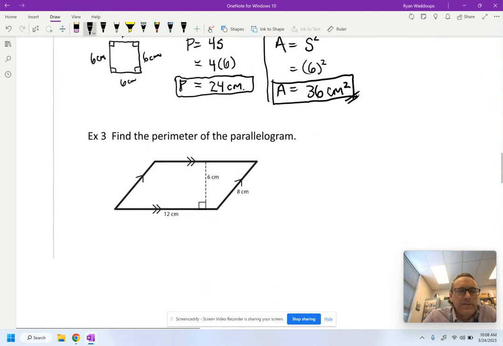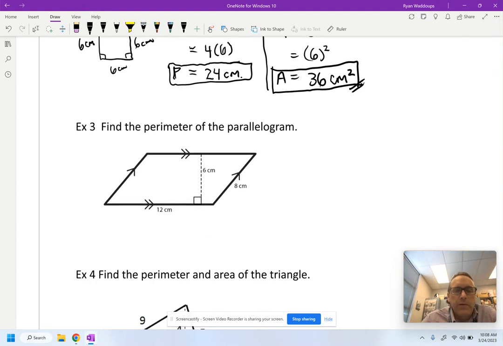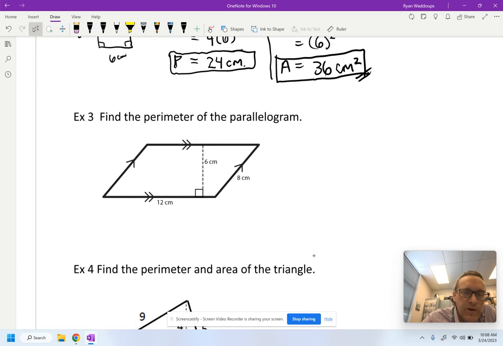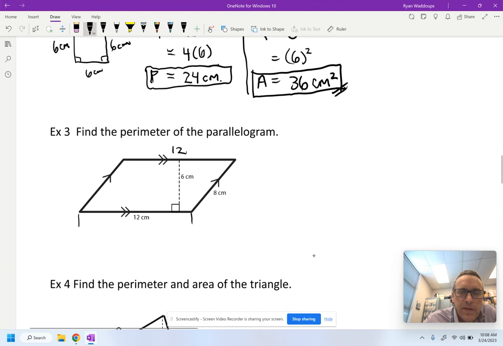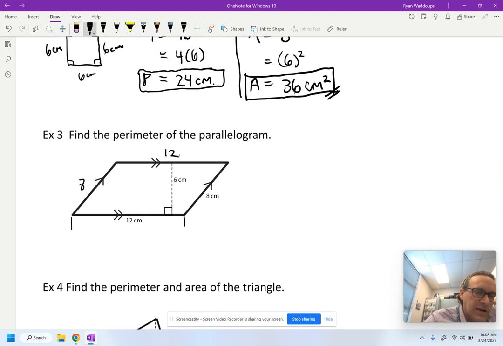All right, moving right along. Example 3, find the perimeter of the parallelogram. Okay, so if we know that this side is 12 from here to here, that means this up here is 12. And if this is 8, then this is 8. And if we're just looking for the perimeter, as we talked about above, it is 2 times the width plus 2 times the length, or vice versa.